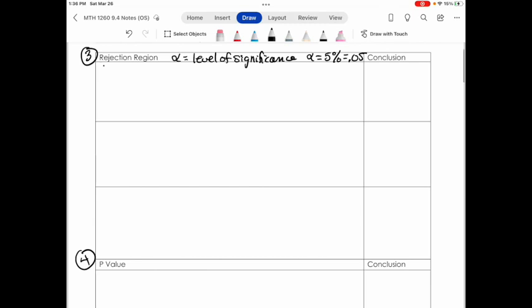Now, the first case, when we're doing the rejection region, you could have what's called the left-tailed test. When we do a left-tailed test, that means the focus is going to be on our left tail. Now we're going to use our level of significance to determine the cutoff point.